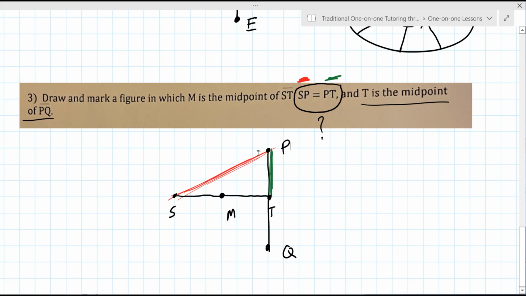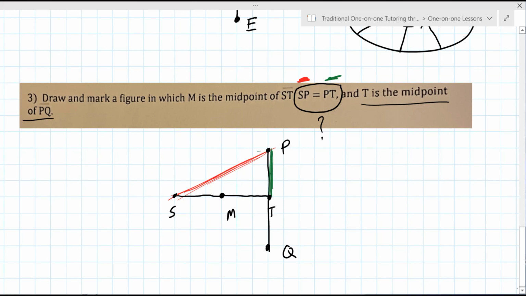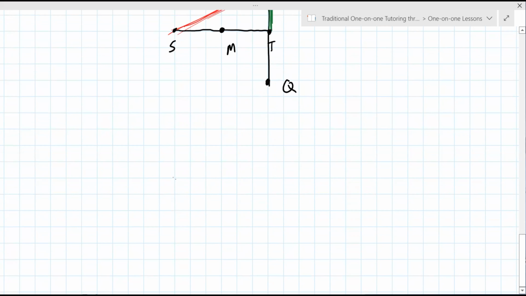So let's do this. There's actually a lot of solutions to this. I'm going to redraw it. Some of it will be the same. So here is your S. There's your T. But this time we're going to put P up here. And we're going to put Q down here. So is T the midpoint of P and Q?